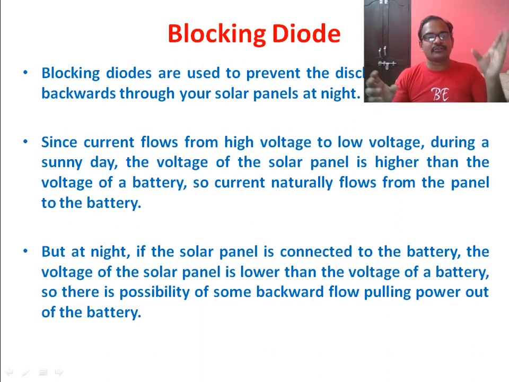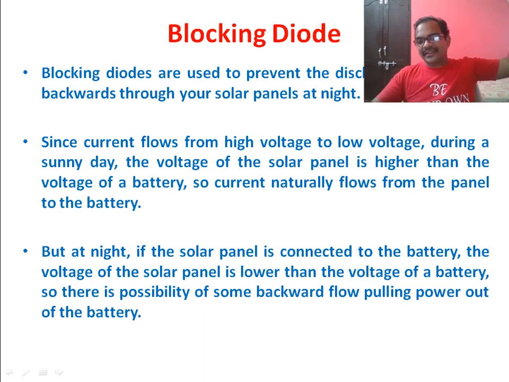The voltage of the solar panel will be very high because sun is falling on the solar panel and we are getting more and more voltage, and on the other side we have a battery voltage. So which is bigger? On a sunny day, the voltage of the solar panel is more than the voltage of the battery, and current always flows from high voltage to low voltage, so current will flow from the solar panel to the battery, and the energy will be stored inside the battery. It is during the morning time.